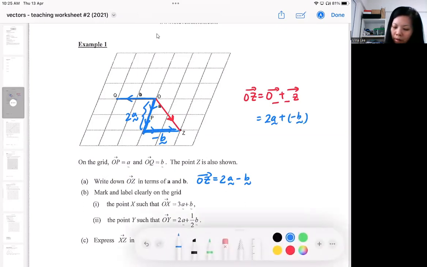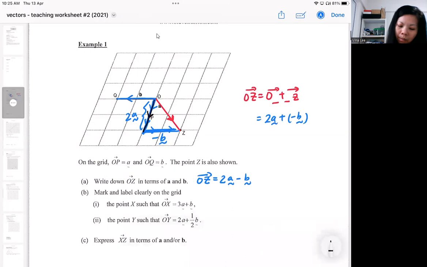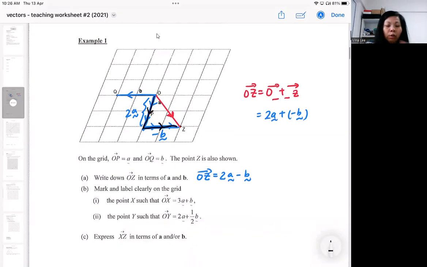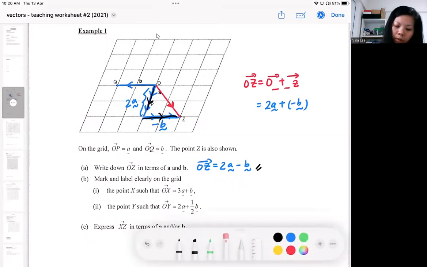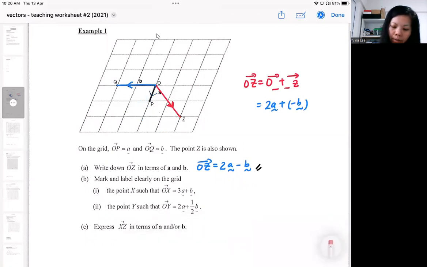Take a look, it's like this side plus this side. That will give you OZ. So that is your addition of vectors. Okay, so that's how I get my OZ. You can erase after that.